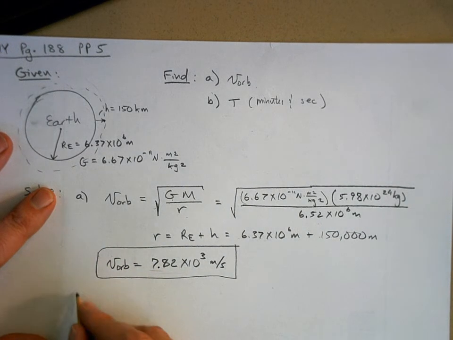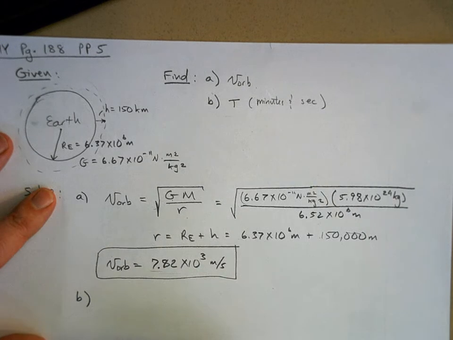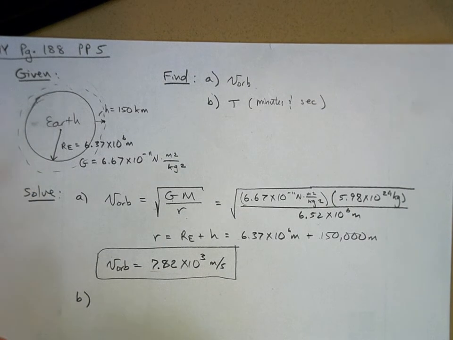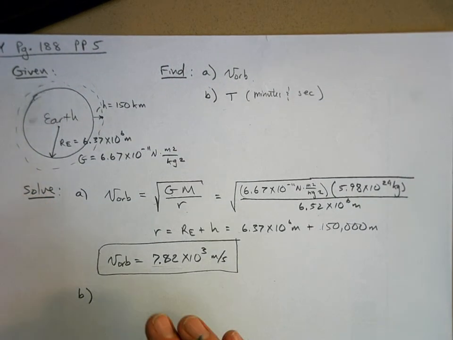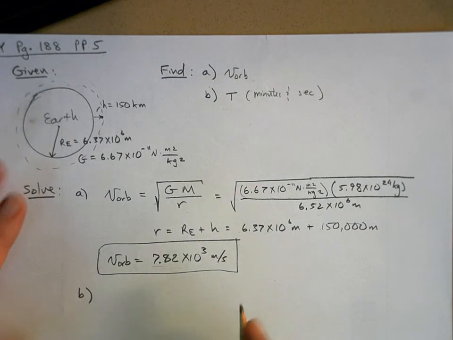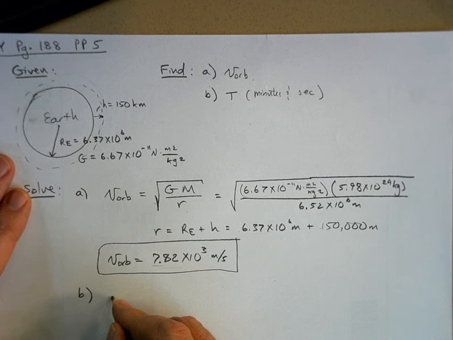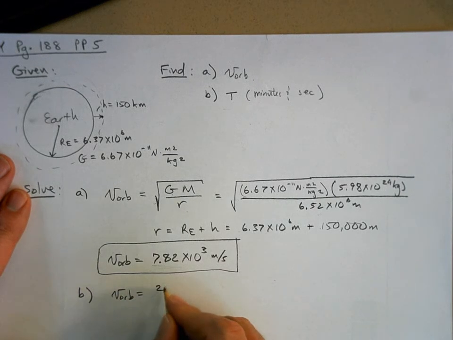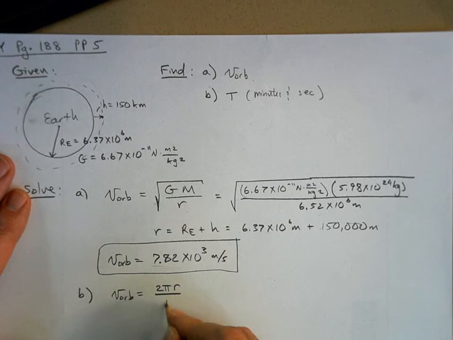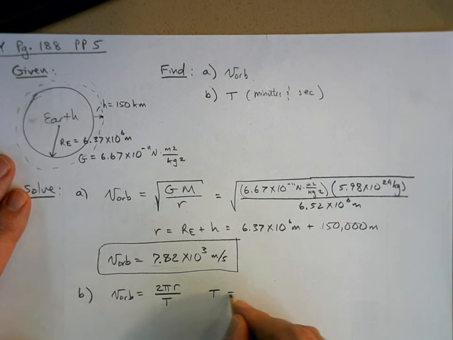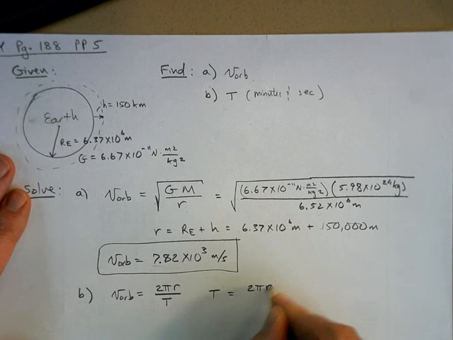Now, for part B, we want the period in minutes. The way I like to do the period, I mean, there's the period squared is equal to all that stuff times the radius cubed, but you take the square root of something cubed and it gets really complicated. I just like to use the fact that the orbital velocity is equal to 2 pi r over the period. So the period is equal to 2 pi r over the orbital velocity.